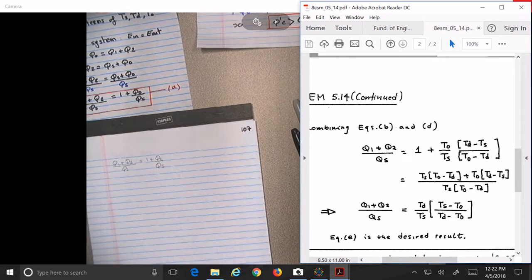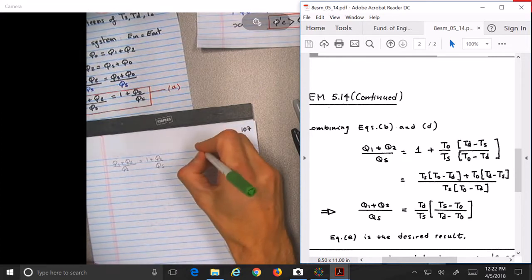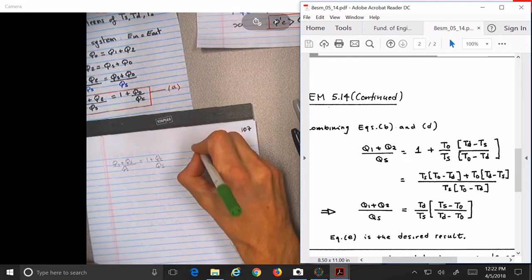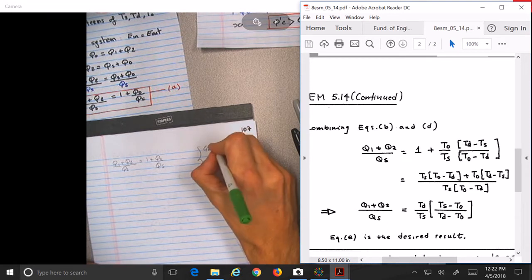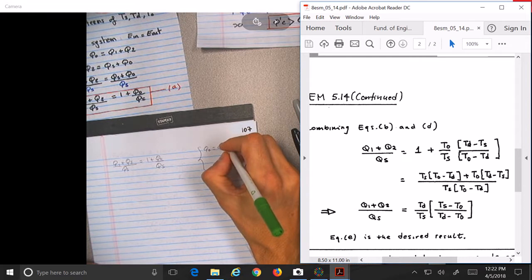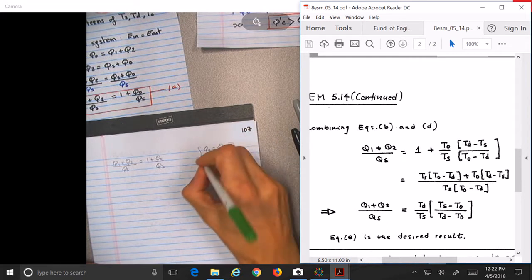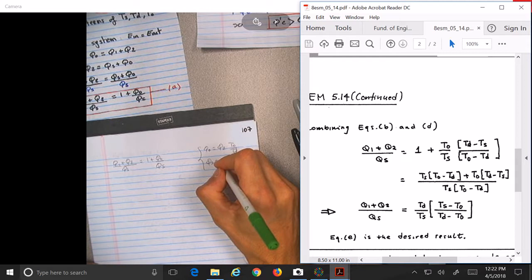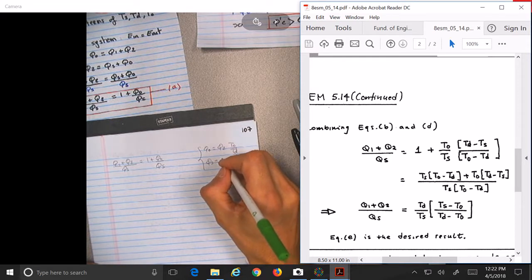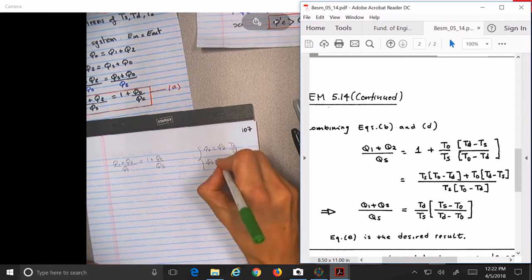Okay, so it looks like from this equation we can write Q naught equal to Q2 T0 over TD, and we have QS equal to Q1.